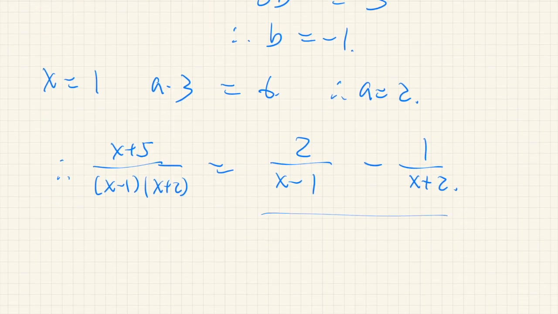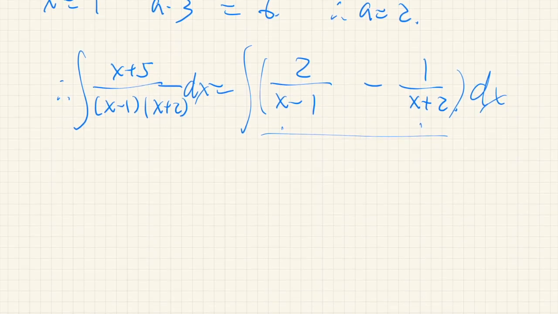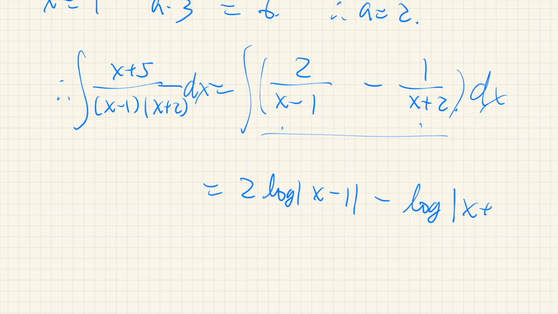So this is simplified. If we want to integrate this function, we can just integrate these partial fractions, which is a lot easier. This should be 2 times log of absolute value of x minus 1 minus log of absolute value of x plus 2.